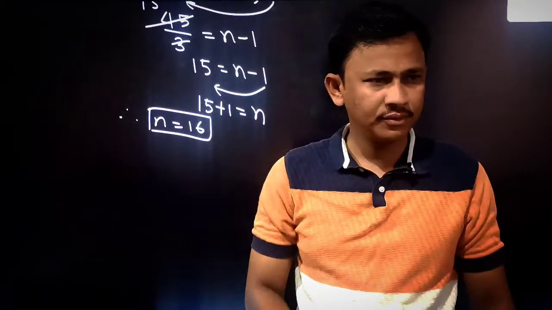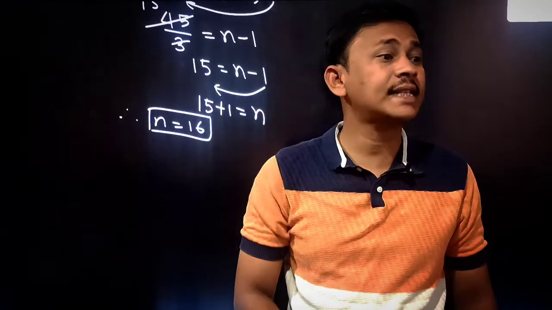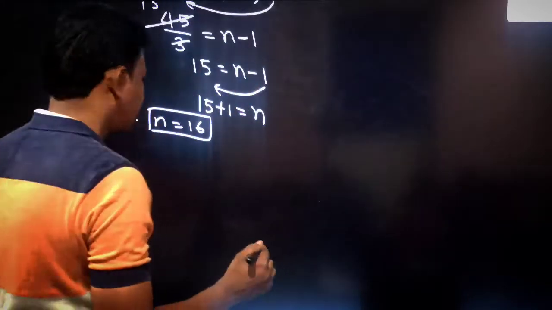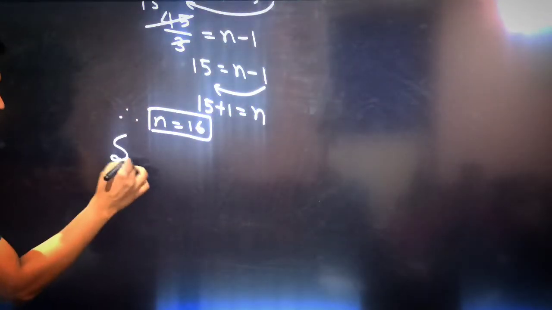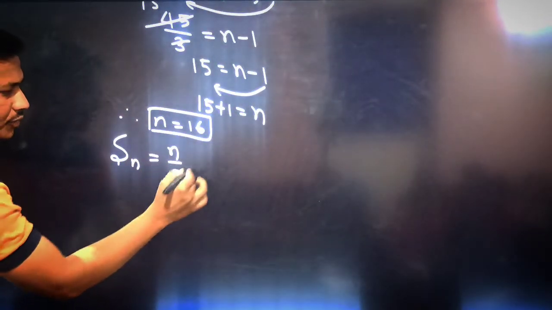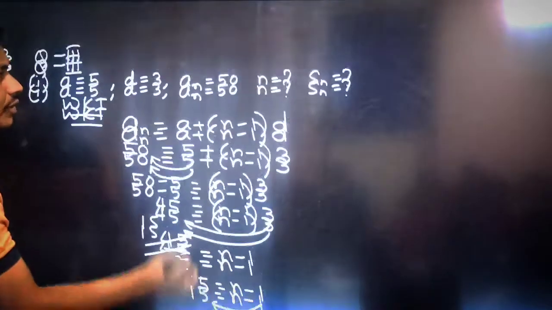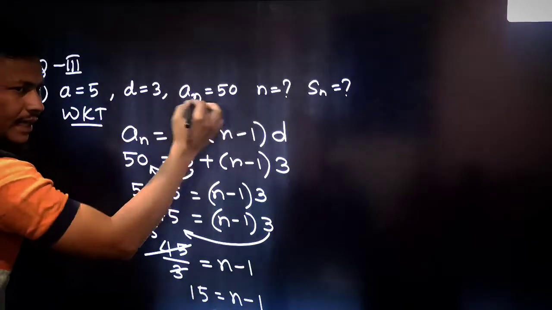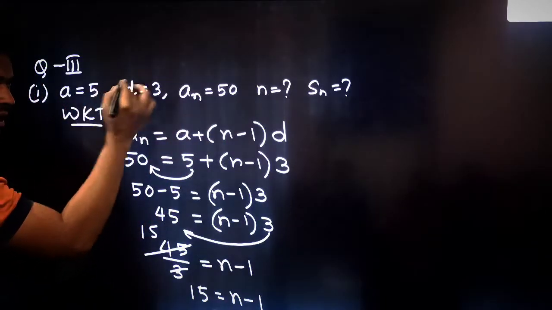Correct? We got the n value. We need to find out the Sn value. Yes or no? Sn formula. Sn is equal to n divided by 2 in bracket. Look here, we have the a value and the an value. We know the first term and the last term.